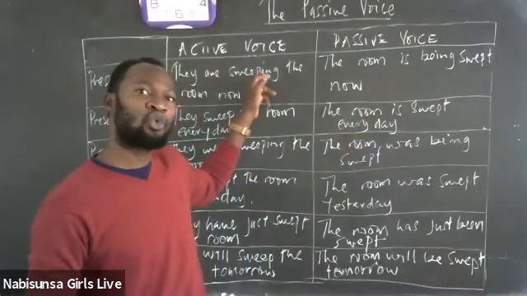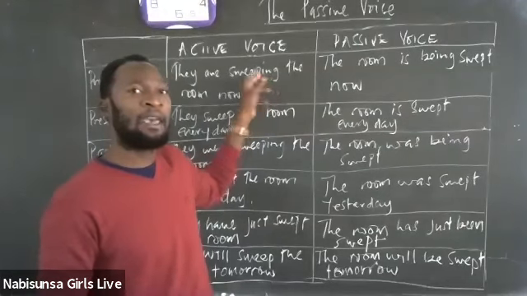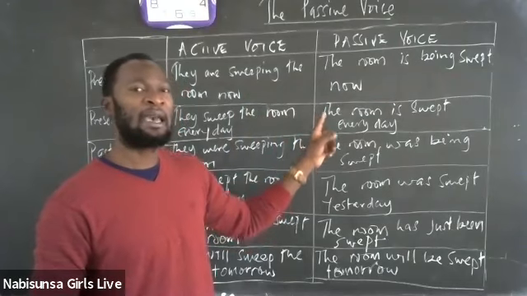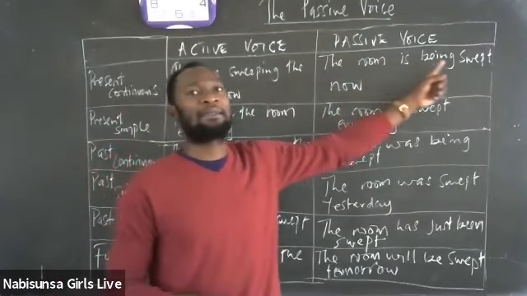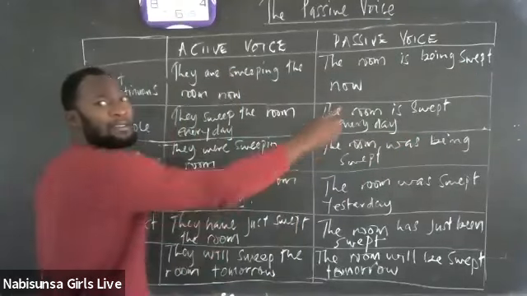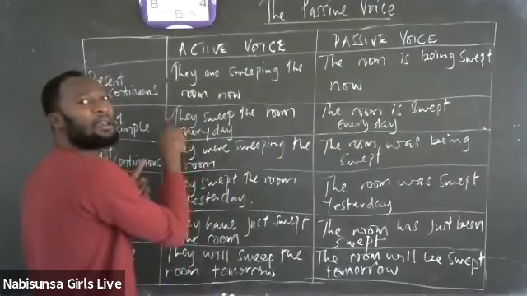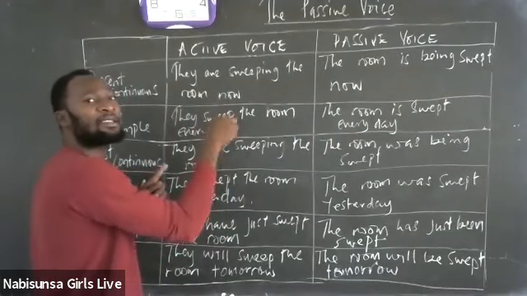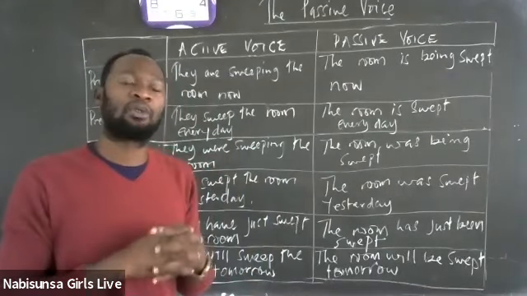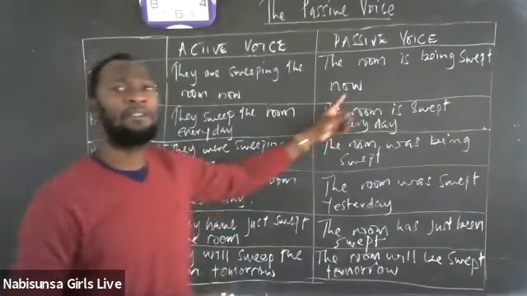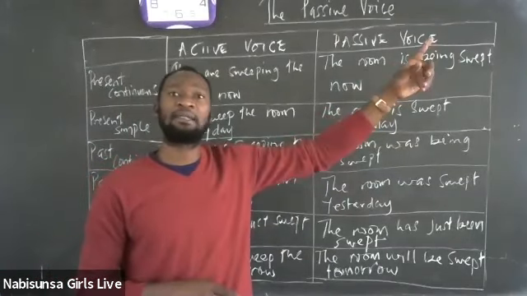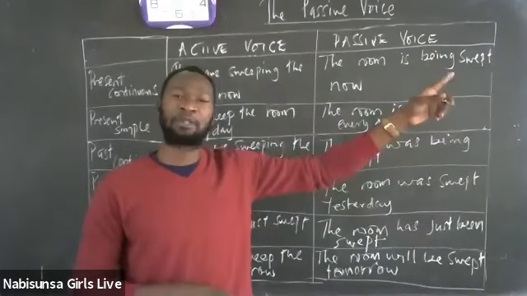The verb to sweep has also changed from its original form, sweeping, to the past participle, swept. But the passive voice is still expressing the present continuous tense: they are sweeping, the room is being swept.